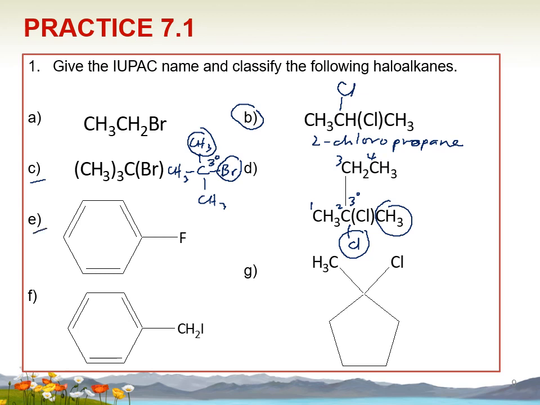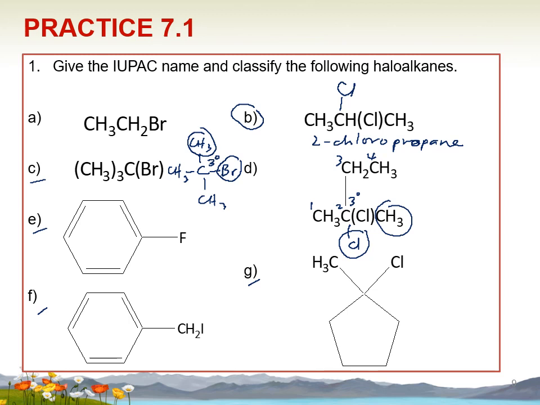What is E? This is fluorobenzene, simple. What is F? This one is actually iodomethylbenzene. The common name for this compound is actually benzyl iodide. Lastly, G is 1-chloro-1-methylcyclopentane.